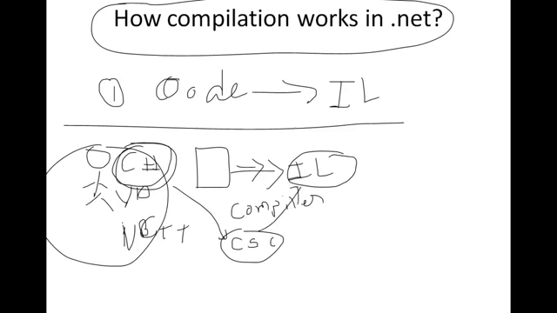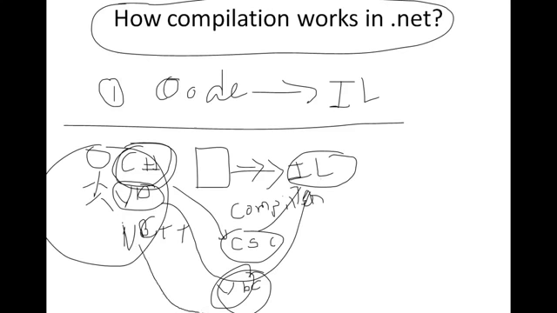The same task is done by something called VBC. VBC is nothing but the VB compiler. If we write some code using VB.NET, then that code will be compiled into IL by VBC. VBC takes that code and compiles it into the intermediate language. Similarly, there is a separate compiler available for VC++ as well.